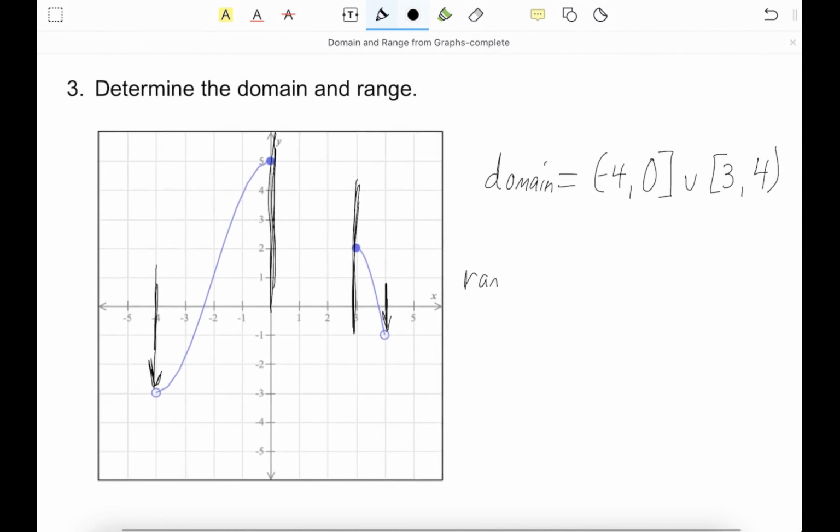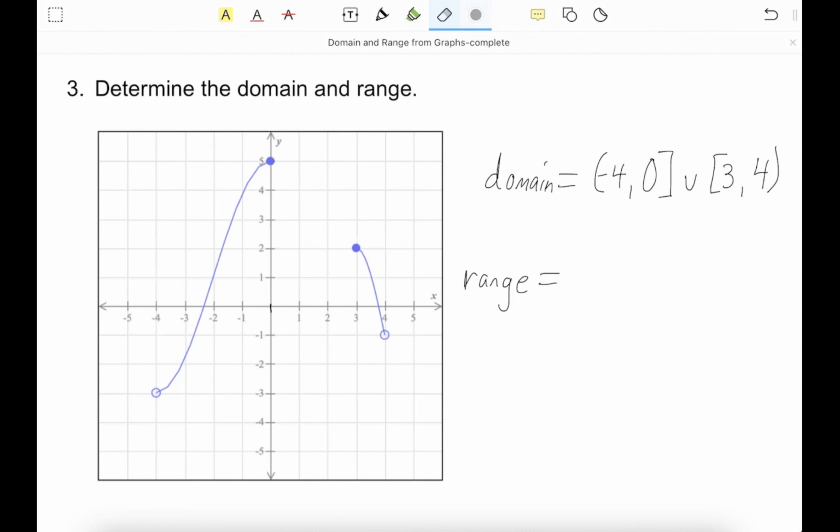The range is a little more difficult. If we look at the lowest value, all the way down here, -3, we don't include it. And then it goes all the way up to 5 here. 5 is included.